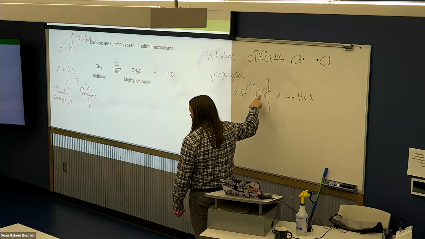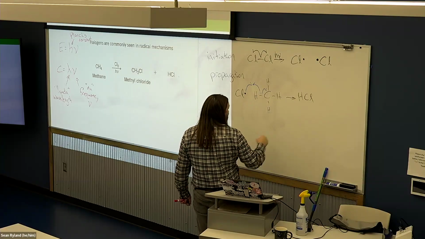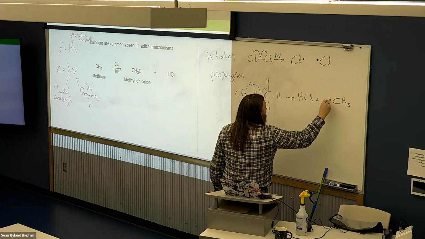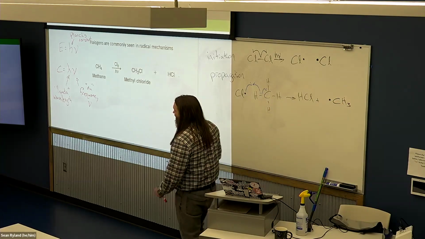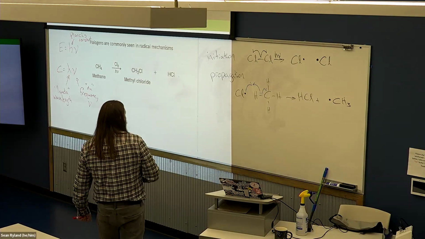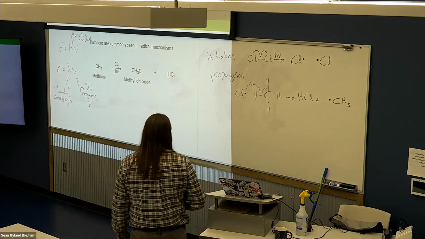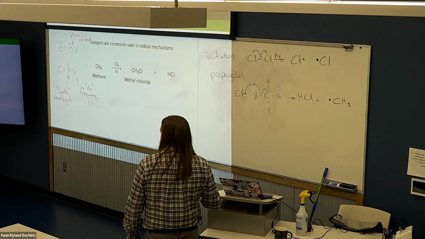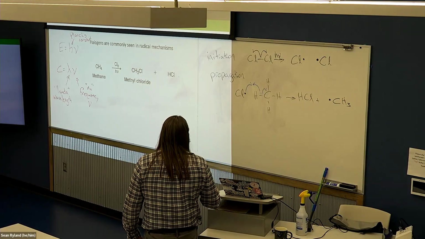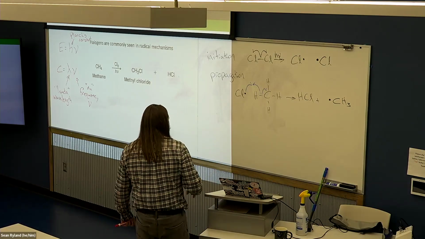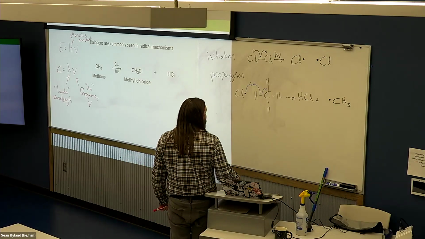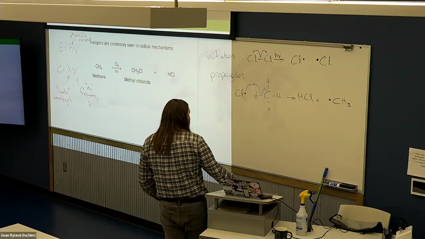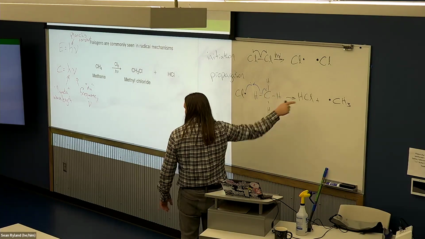It just grabbed the hydrogen, for starters. And that leaves behind a carbon radical. So all we did was take the bully that we started with and make a new bully.